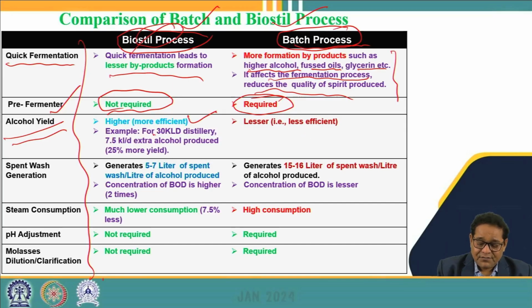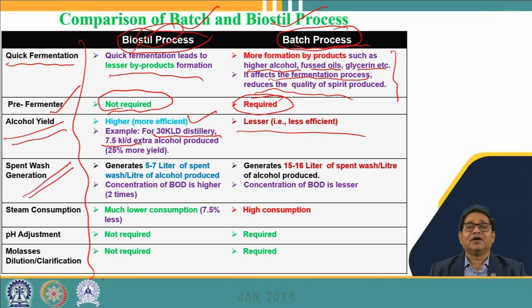For example, if we take a 30 KLD distillery industry, it can produce around 7.5 kiloliter per day of extra alcohol compared to the batch process. In the batch process, the alcohol yield is comparatively less. Then in terms of spent wash generation, in terms of volume it is highly reduced in the biostill process, around 5 to 7 liters of spent wash per liter of alcohol, whereas in the batch process it is around 2 times, that is 15 to 16 liters per liter of alcohol.